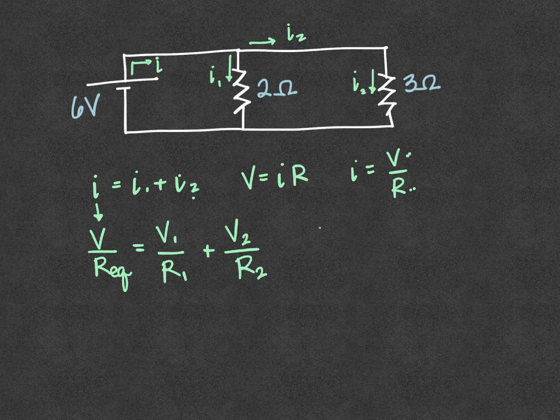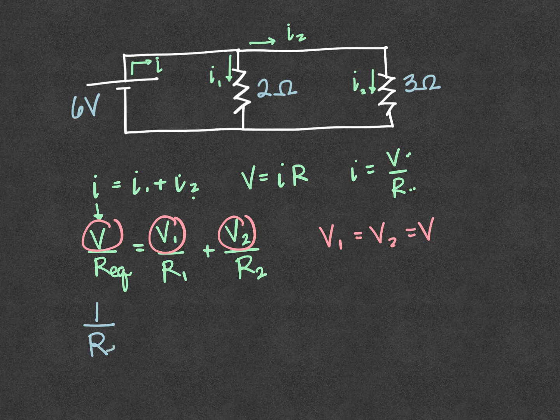And if the electric potentials are equal to each other and equal to that of the battery, then all three of these values are the same. So I can divide by V on both sides and they all cancel out, and I'm left with 1 over R equivalent is equal to 1 over R1 plus 1 over R2.